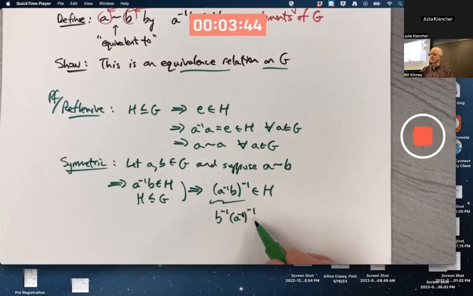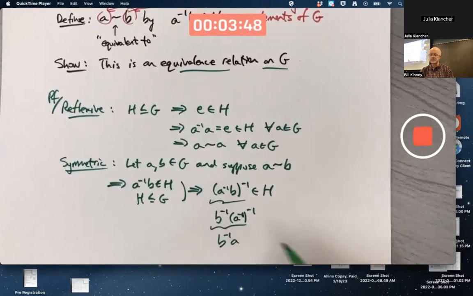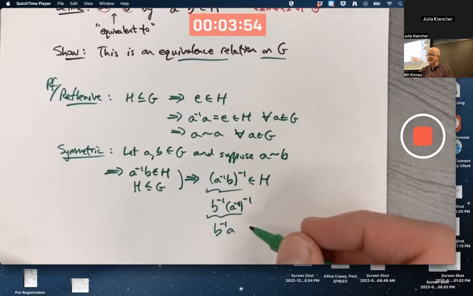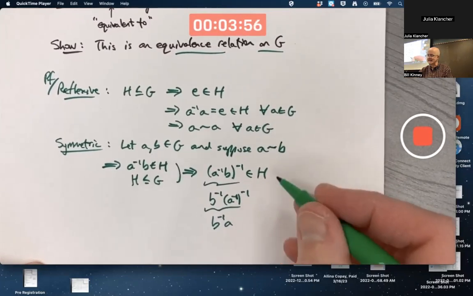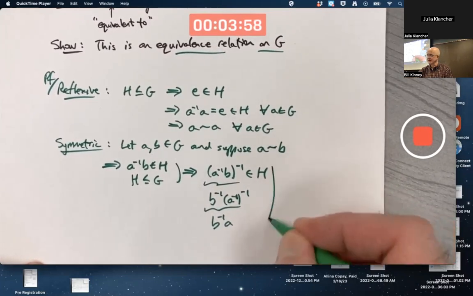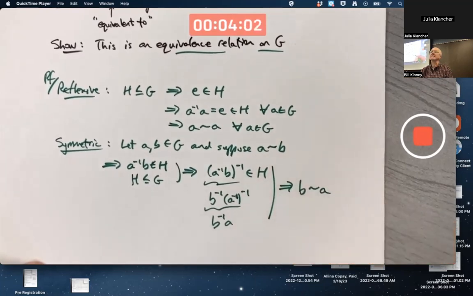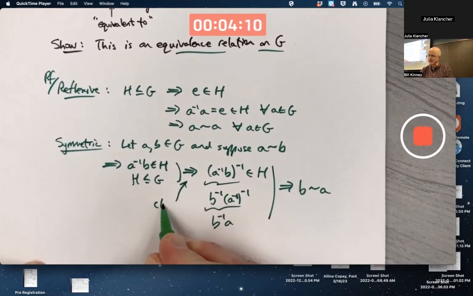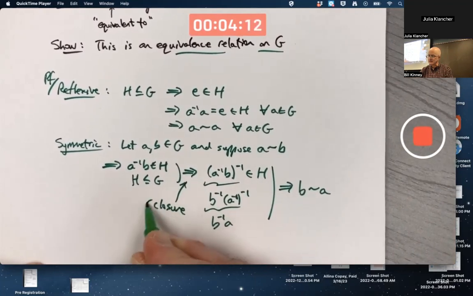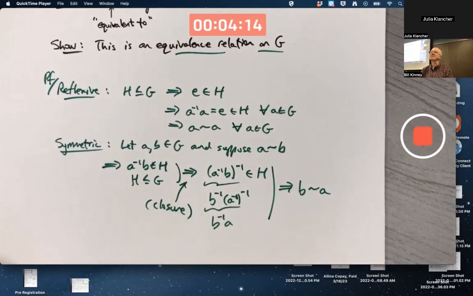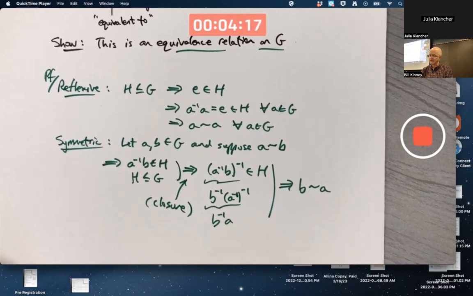But A inverse inverse is just A. So we've shown that B inverse A is also in H. This all implies B is equivalent to A. So, closure under taking inverses.